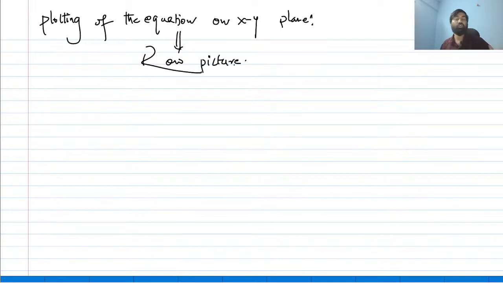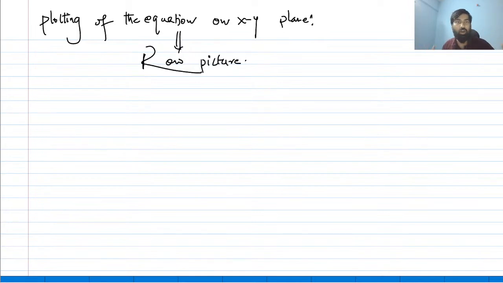The row picture means you are just representing rows on an xy plane. Somebody will ask you, can you plot the row on xy plane? You will say, sir, how can we plot? My sir has told me only about the order of the matrix, how to add two matrices, how to multiply two matrices.